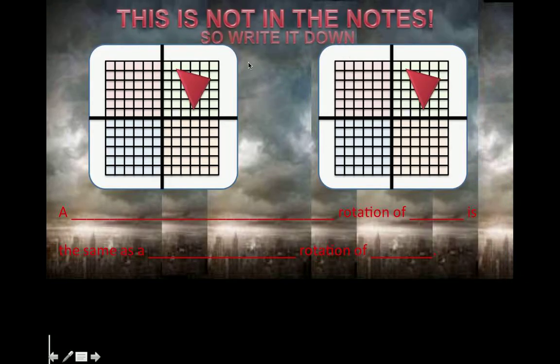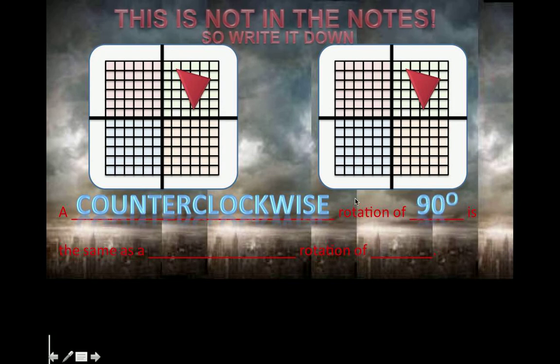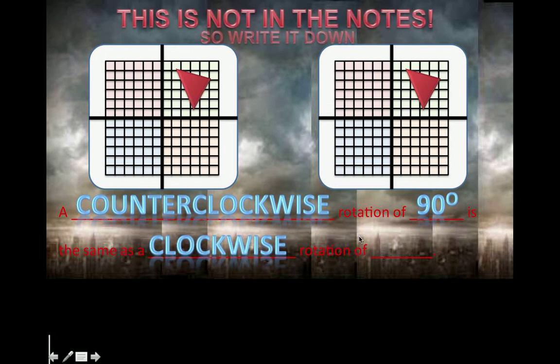As you can see up at the top here, this is not in the notes, so you need to write it down. You'll need to add 3 separate lines here. I'm just going to show you a quick counterclockwise rotation versus a clockwise rotation. So, a counterclockwise rotation of 90 degrees is the same as rotating clockwise 270.